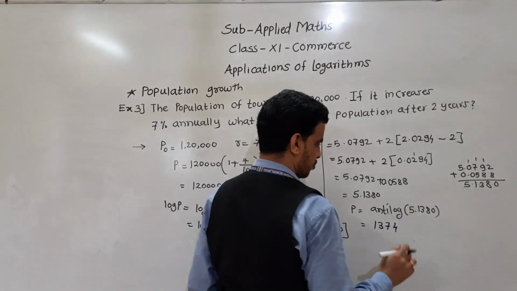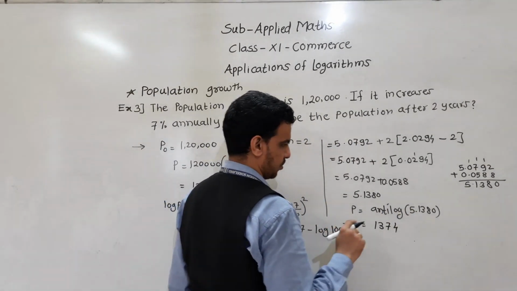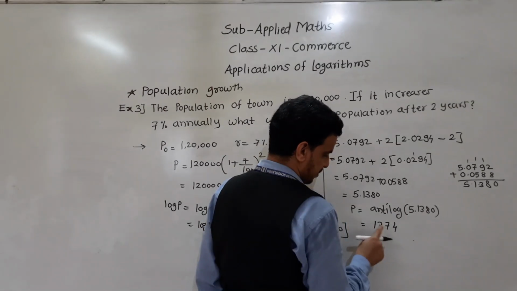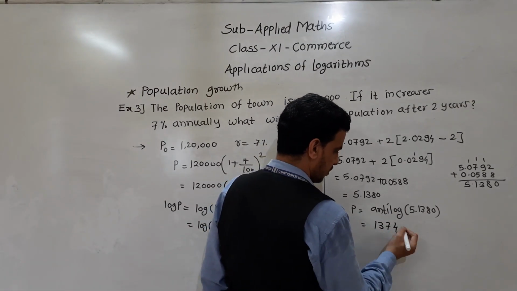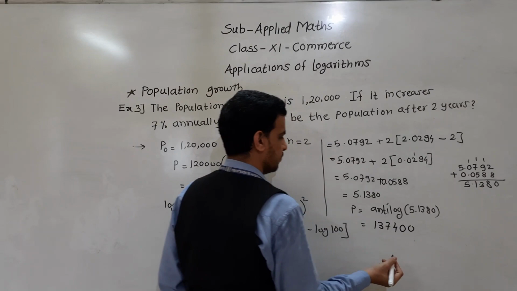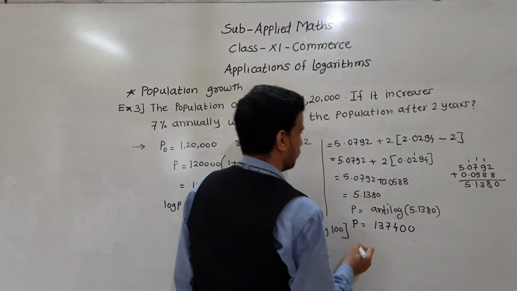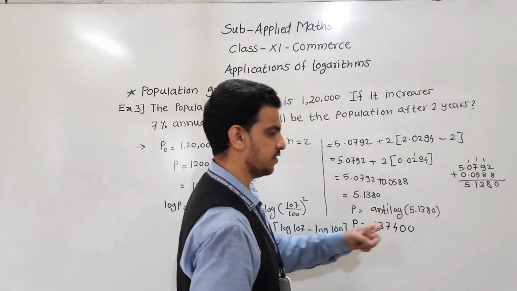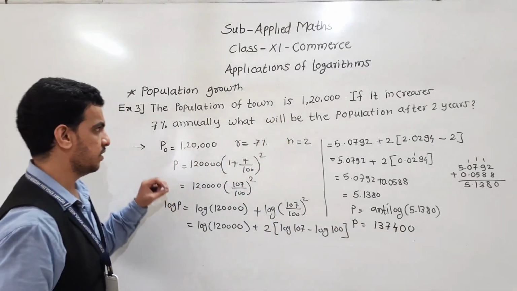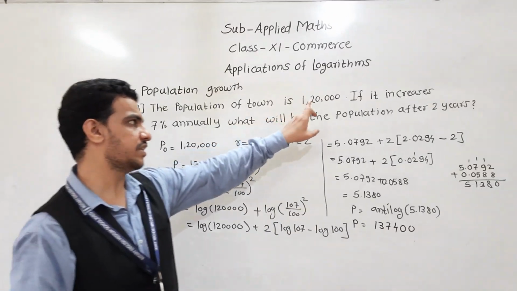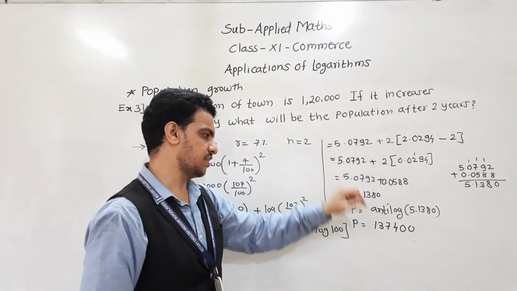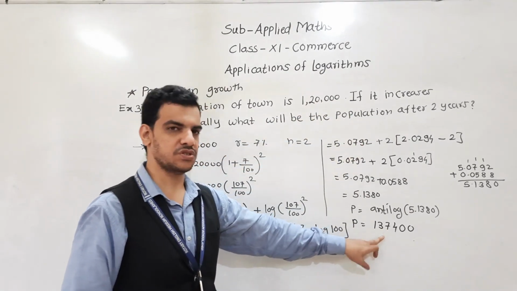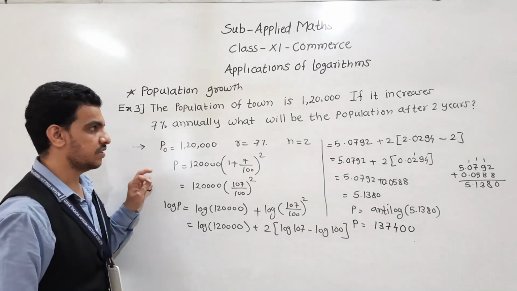Characteristic is 5, so add 1 and give decimal point after 6 digits: 1 2 3 4 5 6. So population after 2 years is 1,37,400. Initially it is 1,20,000 and after 2 years it is 1,37,400. Okay, understand this.